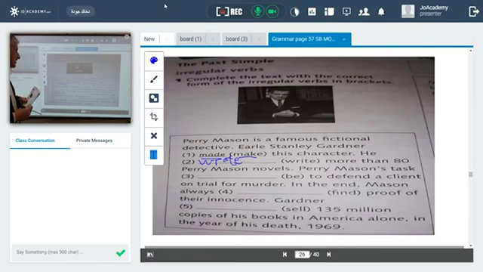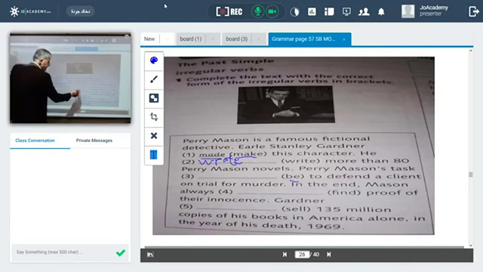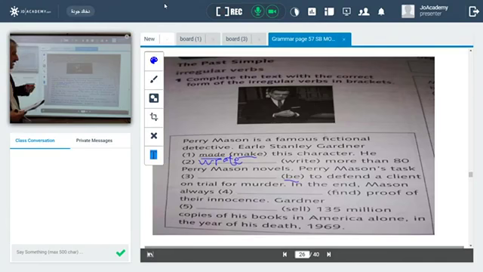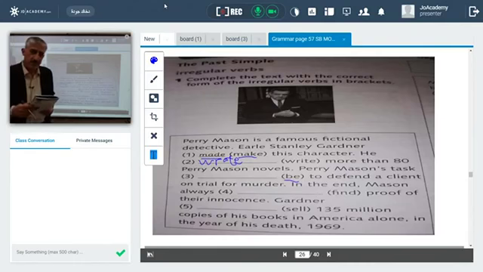Perry Mason's task, and here we have B. B, if I want to make it past and the subject is singular, I will use what? I will use was. So here I will say was.